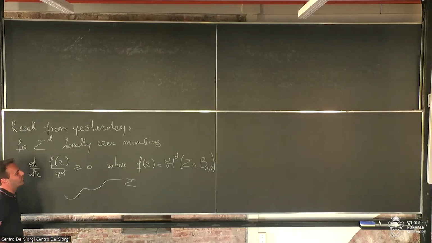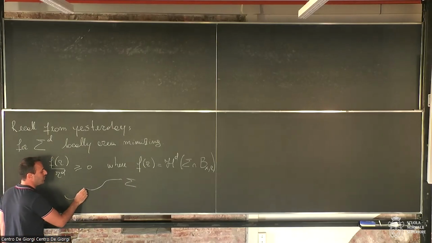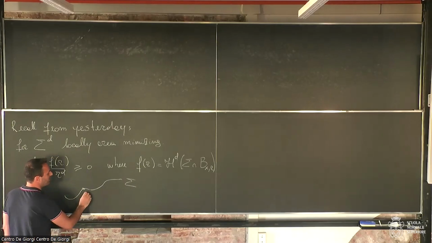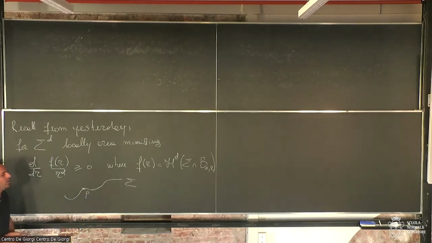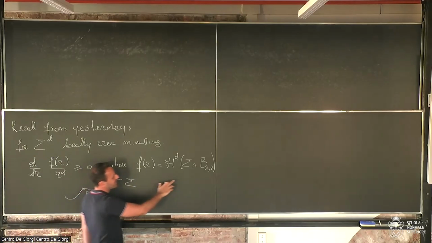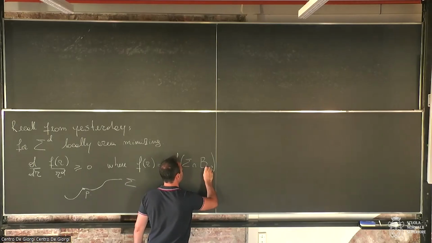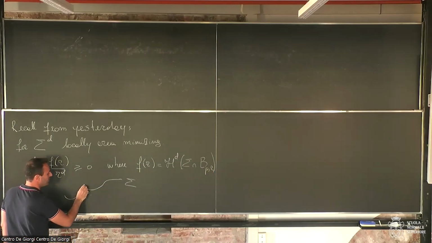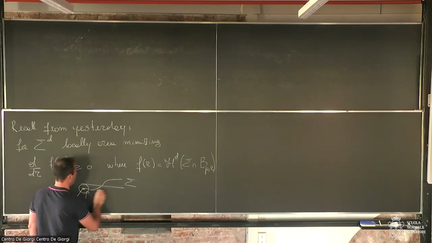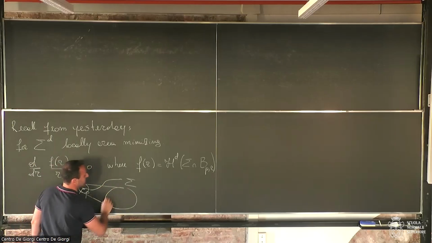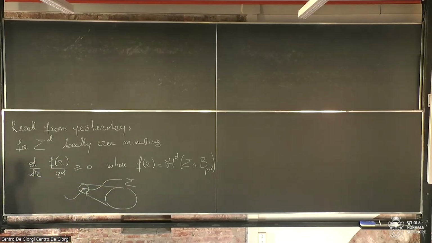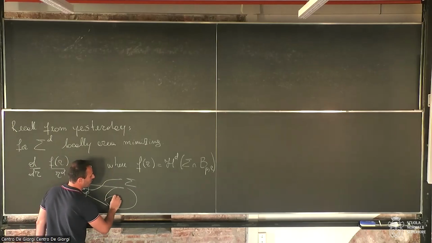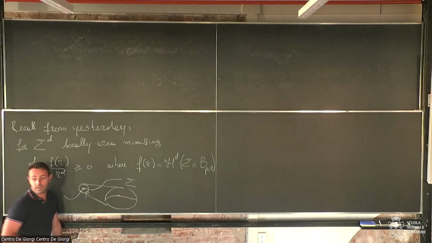You can pick a point P on this surface and you can start rescaling around this point. You can look closer and closer at this point.